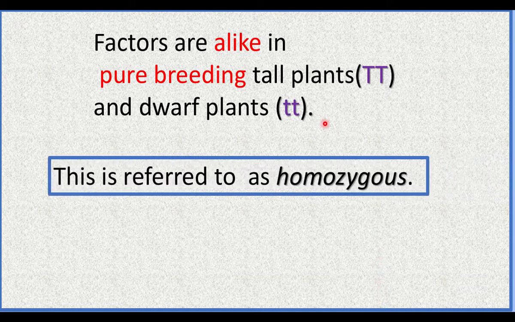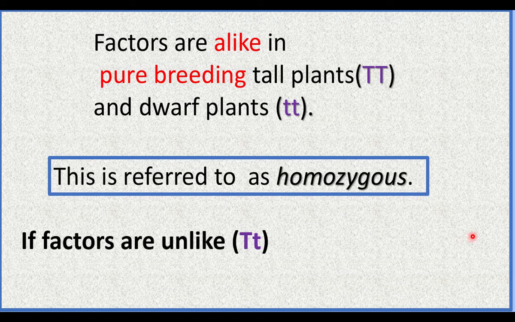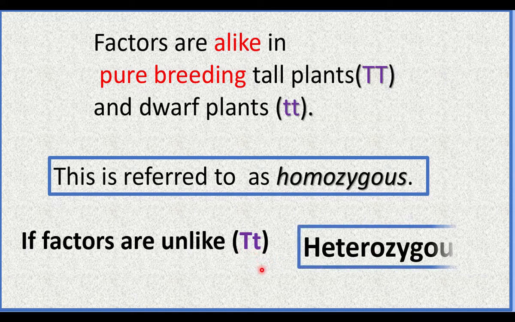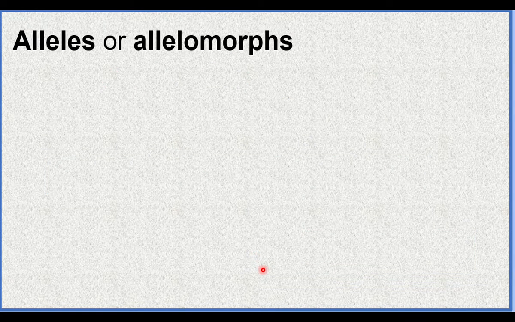When both the factors are same, the condition is homozygous. If the factors are unlike, for example in F1 hybrid, one of the factors is capital T, another small t. This is called heterozygous. The factors which make a particular character are called alleles.